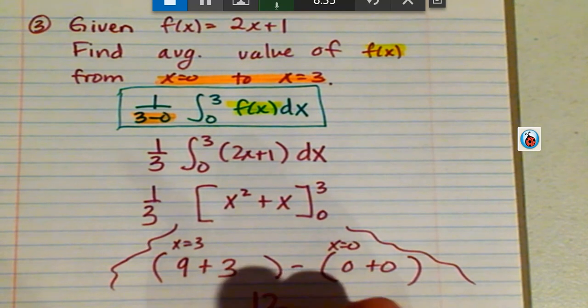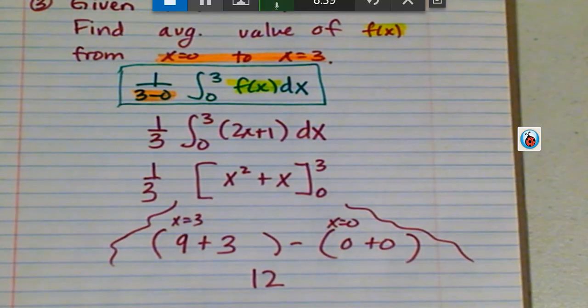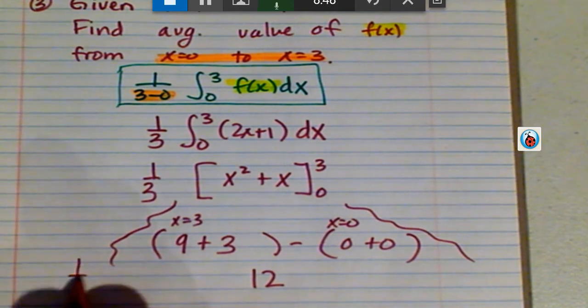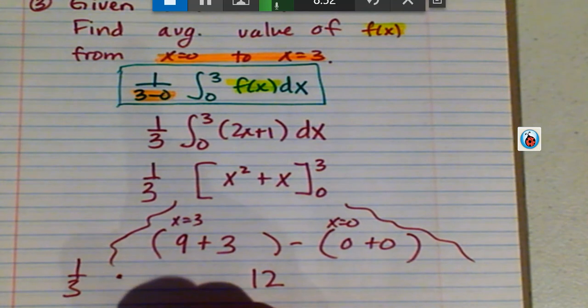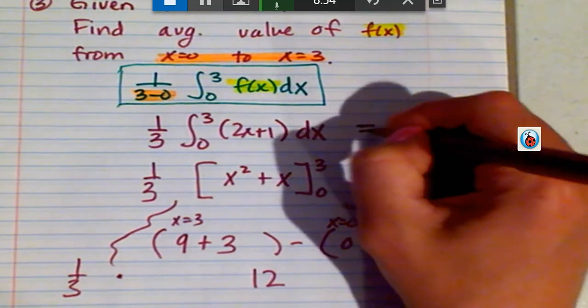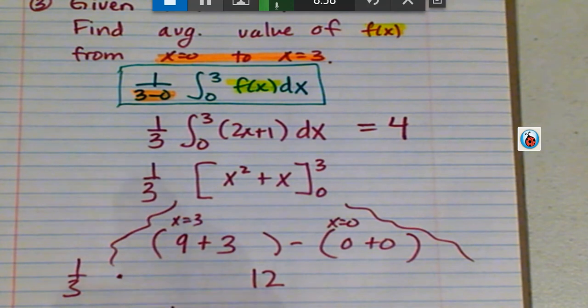So I get 12. So the area under the curve, or the displacement, sign area under the curve, is 12, but the average value is 4. The average value is 4. See that?